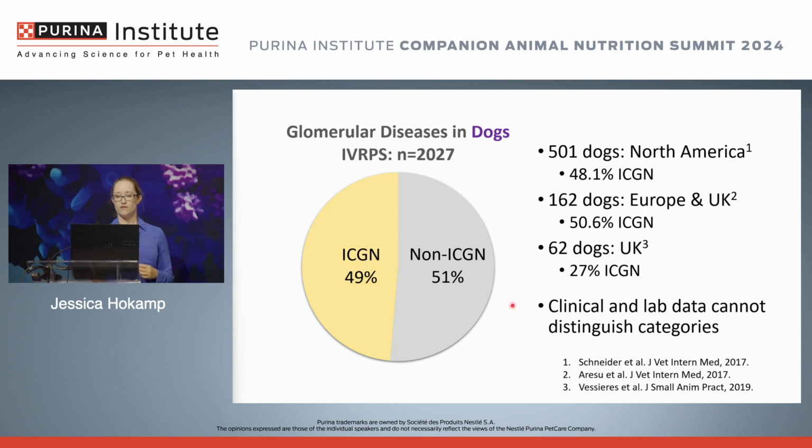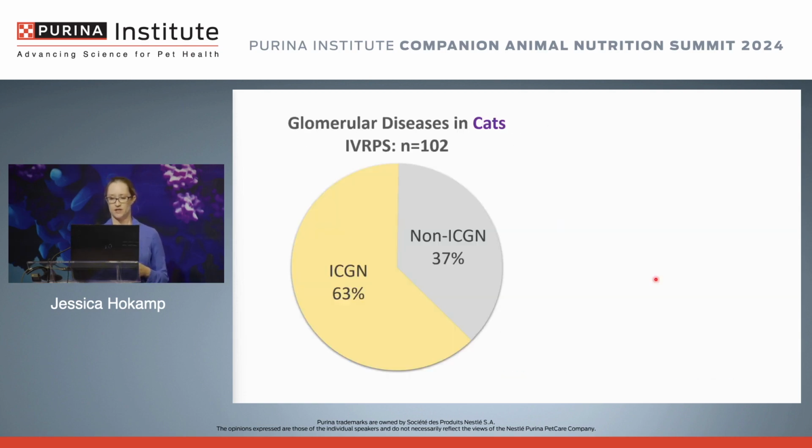Very importantly, these studies again emphasize what I previously said, that our clinical and laboratory data are not very useful in distinguishing the specific categories of disease. I'm going to skip past that for sake of time. In glomerular diseases in cats, as mentioned previously, we don't tend to get a lot of biopsies from cats.